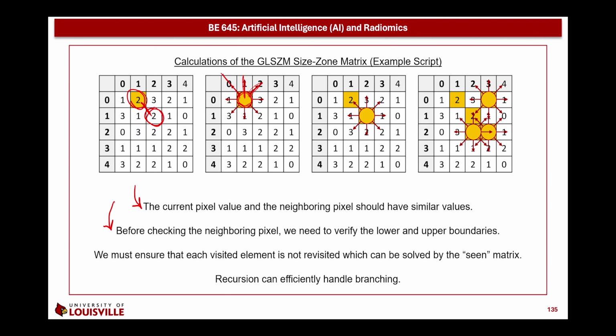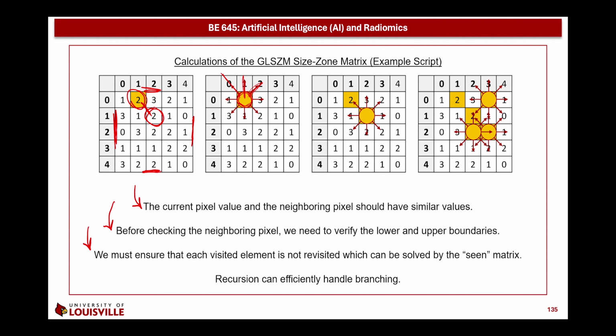So if we try to access the matrix at a value of -1 or -2, it will be a wrong value and it may raise an error. So we need to check that each neighbor is inside the left and right, top and bottom, and if so, we continue the check that the neighbor and the current pixel share the same value.